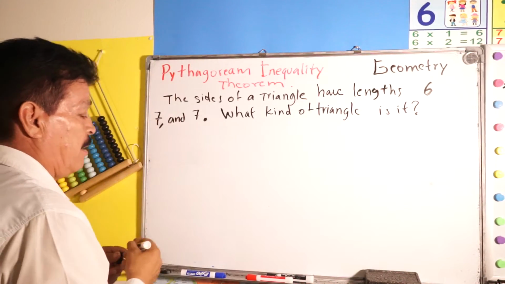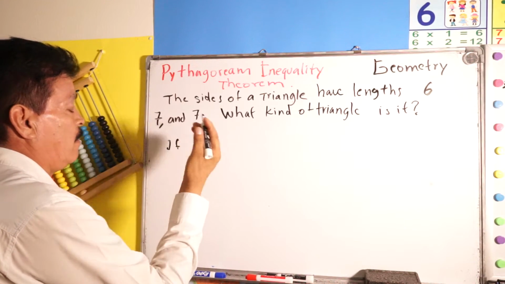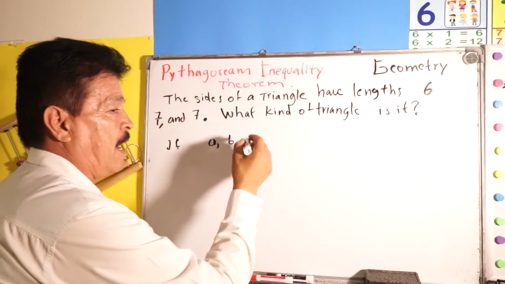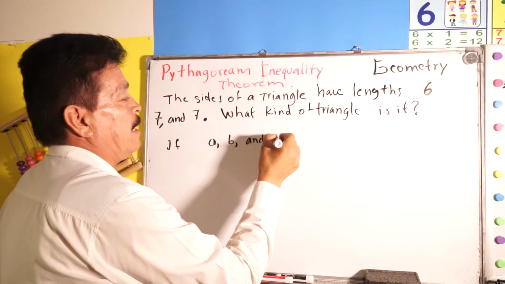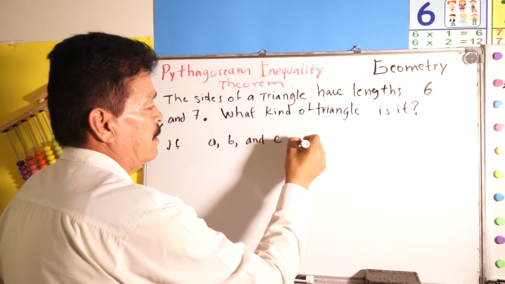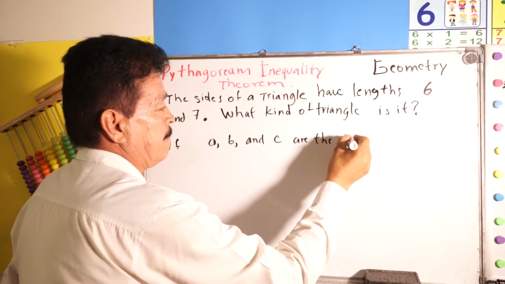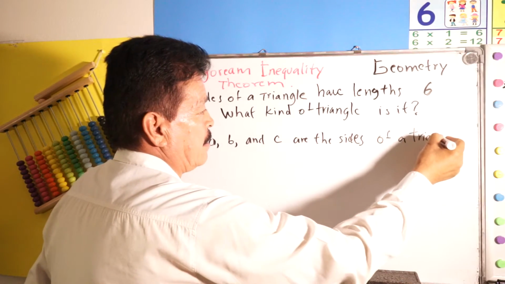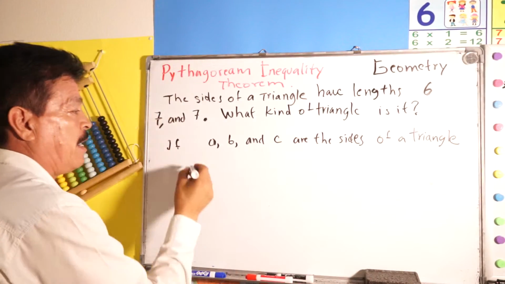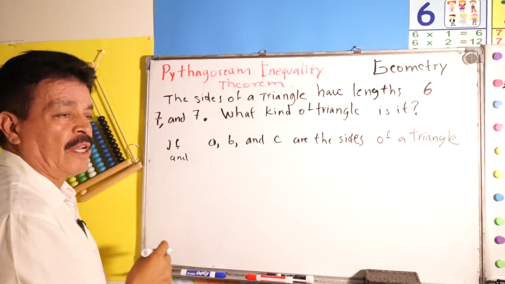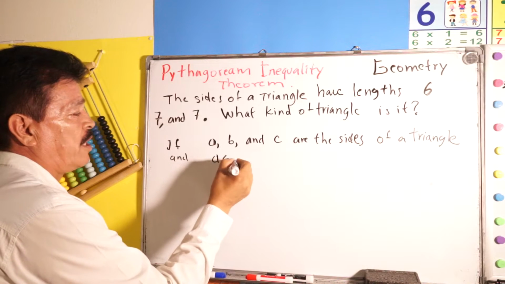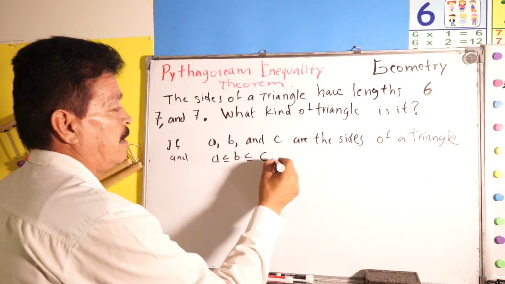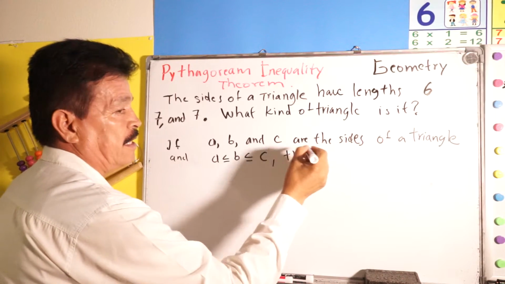If, for instance, A, B, and C are the sides of a triangle, and A is less than or equal to B, and B is less than or equal to C, then look at this.